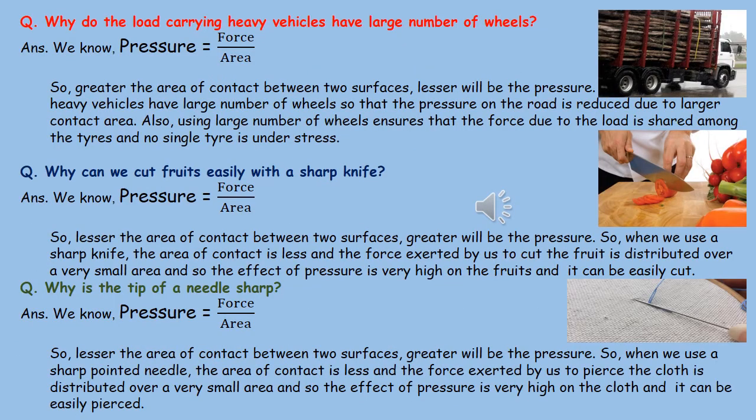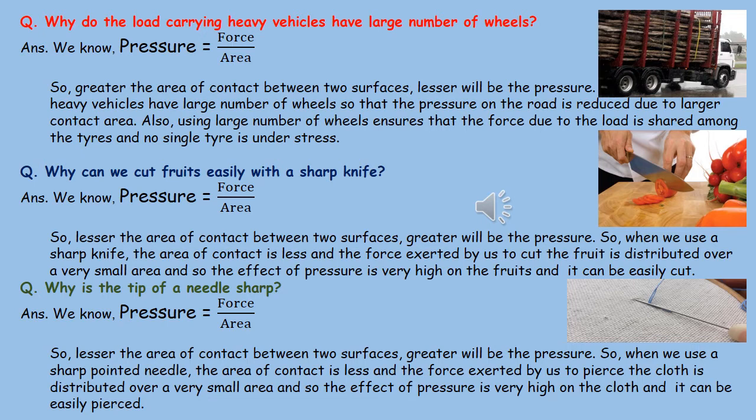Why do load carrying heavy vehicles have many wheels? All these application-based questions based on the concept of pressure and force have to be answered using this equation: pressure is equal to force by area.